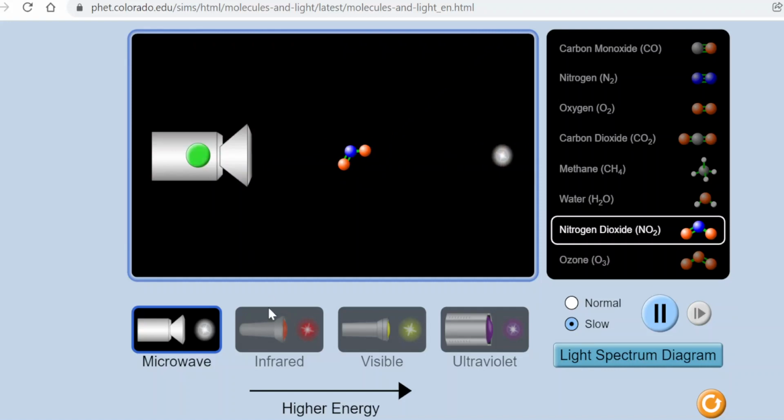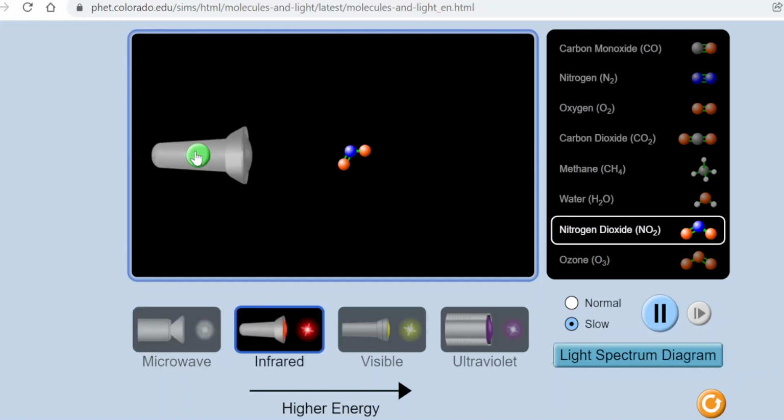Then we will take infrared radiation. Here, when infrared radiation is passed over the molecule, this molecule is going to vibrate. So the vibrations occur when IR radiations are passed.